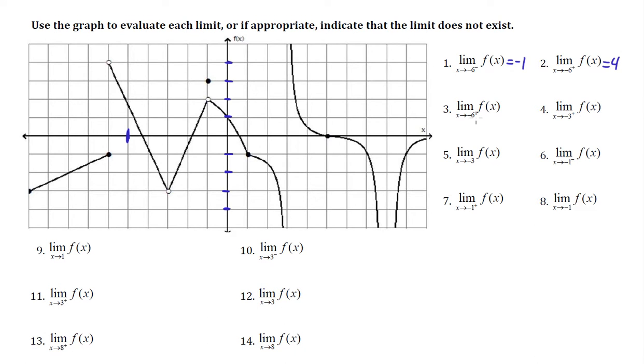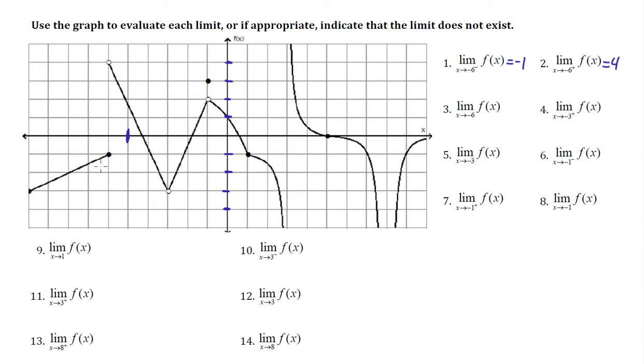Okay. Now it asks, what's the limit as x approaches -6? So what that means is we're approaching -6 from both the negative side and the positive side at the same time. Okay. Now, if these are both heading towards the same value, which they're not, if they're both heading towards the same value, it would be whatever value that is.